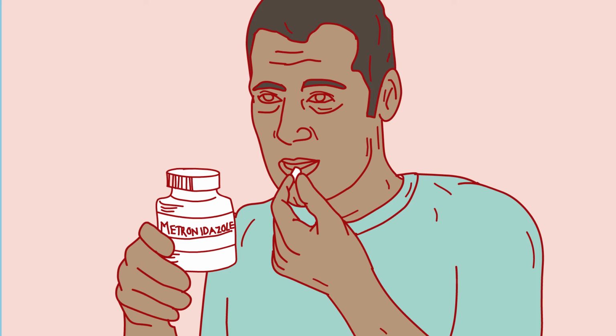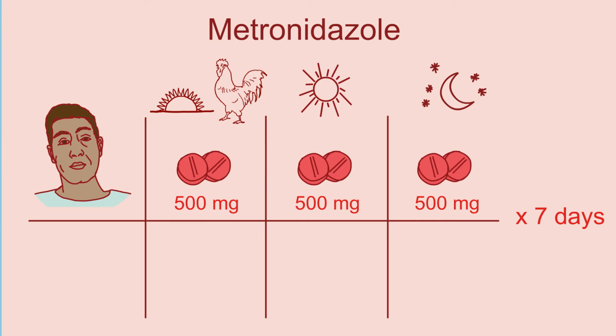All patients should be treated with metronidazole. The adult dose is 500 to 750 mg 3 times daily for 7 to 10 days.